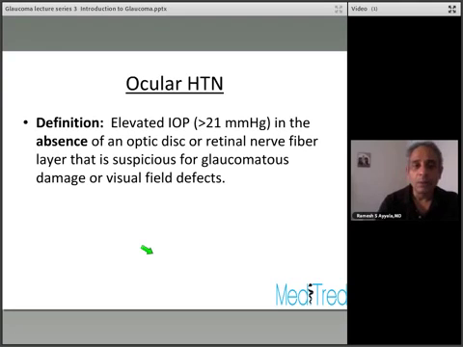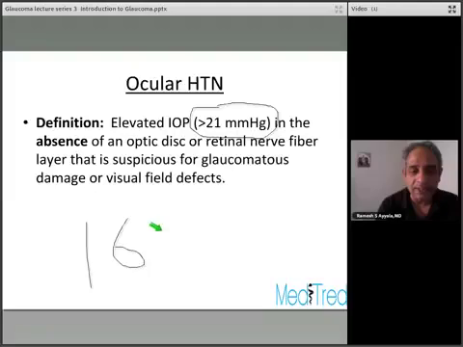Of course, when we talk about 21 as the cutoff point here, why 21? Historically, the average intraocular pressure in population-based studies, as we all know, is 16 millimeters of mercury plus or minus 3.